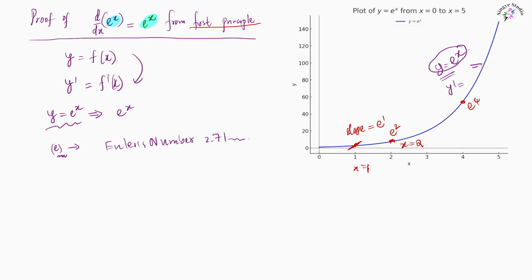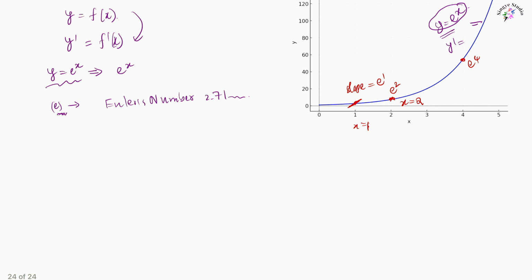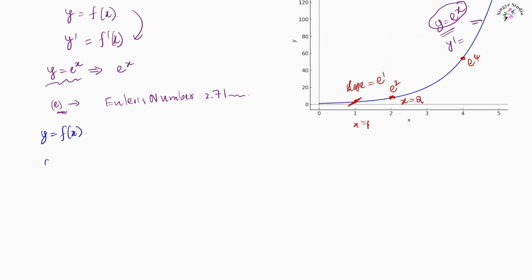The first principle means the ultimate definition of the derivative. As we have already learned, for example, if you want to find the derivative of y equals f of x, then from the first principle, the derivative of the function is f of x plus h minus f of x divided by h, when h tends to 0.